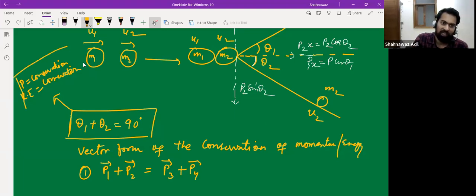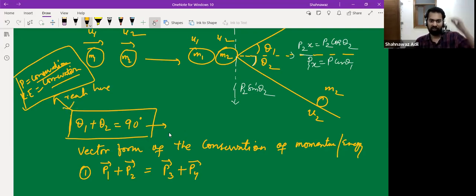So if momentum and KE conservation are applied, you can see that with the help of these two conservation laws, you can reach here, right? Half kinetic energy initial is kinetic energy final, right?